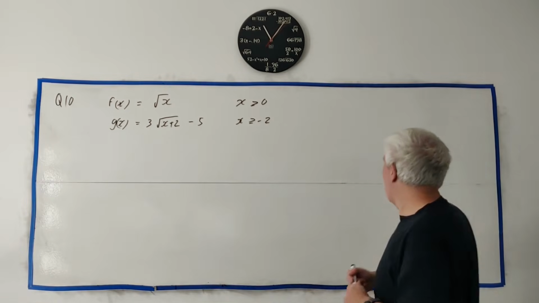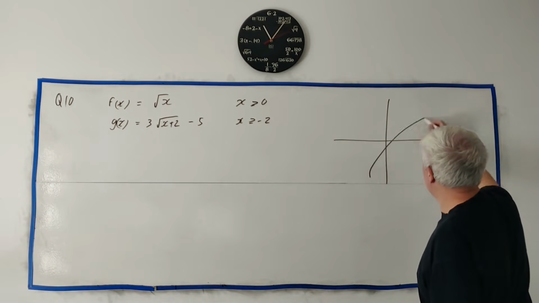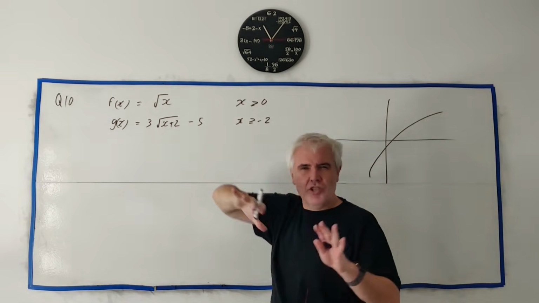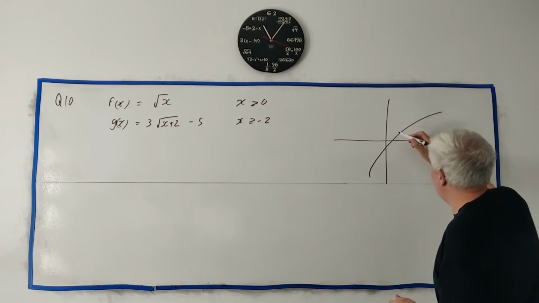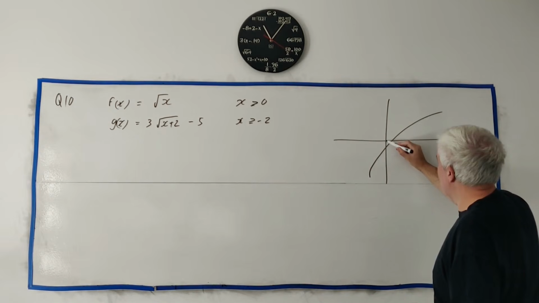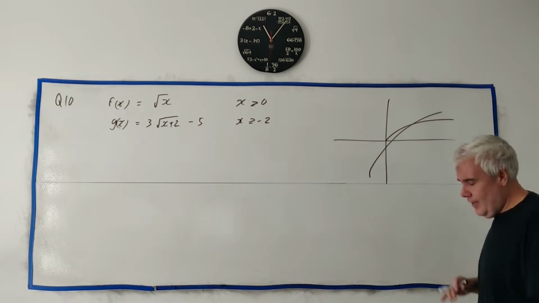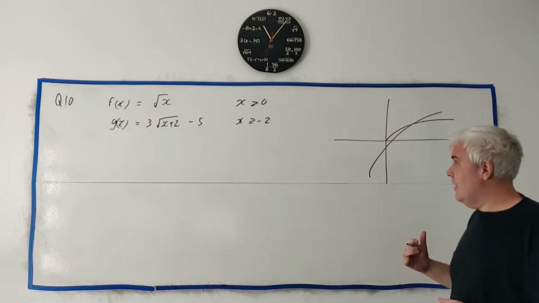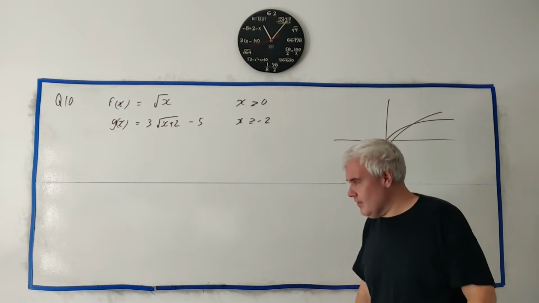They do actually in the next part, so we could sketch one of these, looks something like this, and I happen to know, it's okay if you don't, what the square root of x looks like as well. It starts here and looks something like that. Don't worry if you can't do this, because it doesn't really help much in the question. I'm just going to use it to describe a few things.